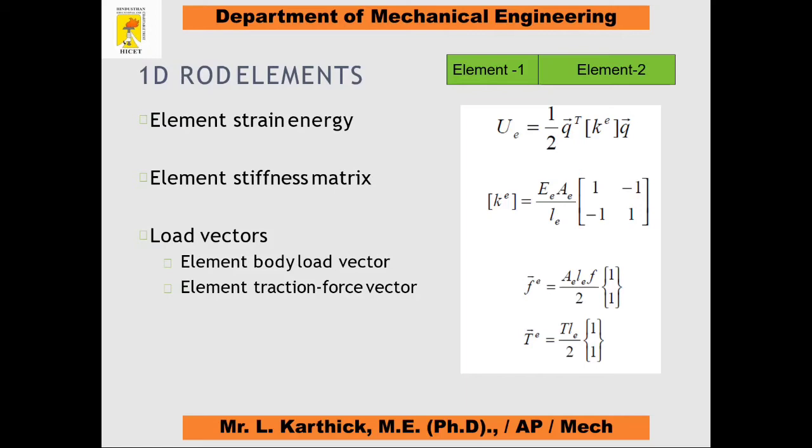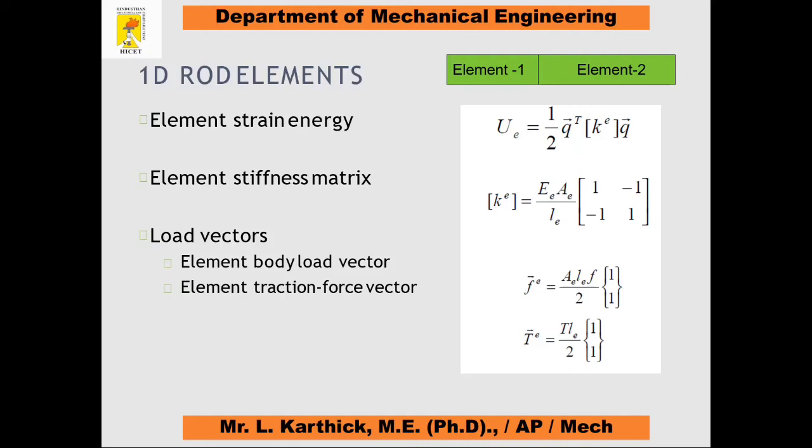The first one is element strain energy, that is Ue = 1/2 q^T Ke q, where q is the load vector and K is the stiffness matrix for each element. So the element stiffness matrix Ke = (Ee Ae / Le) [1 -1; -1 1]. This is the basic stiffness matrix equation for one-dimensional bar elements.